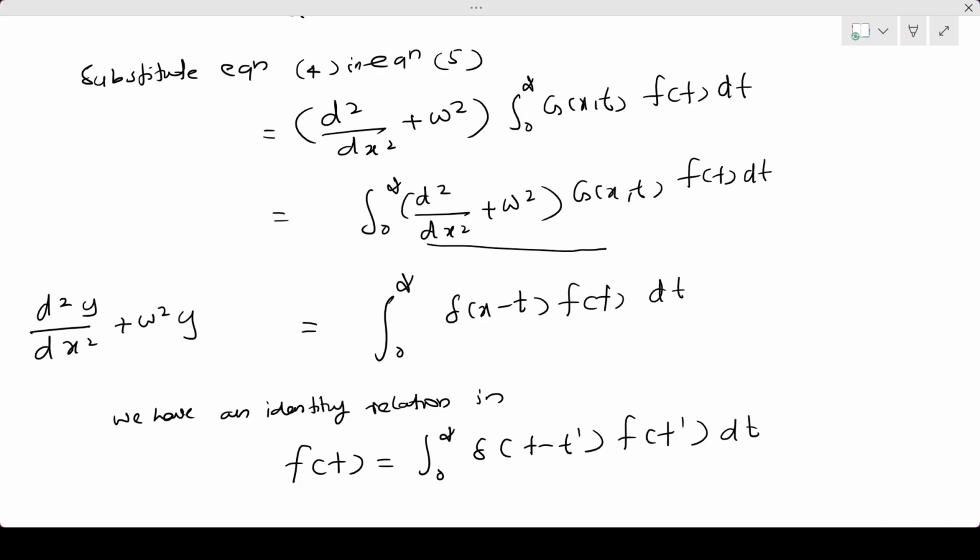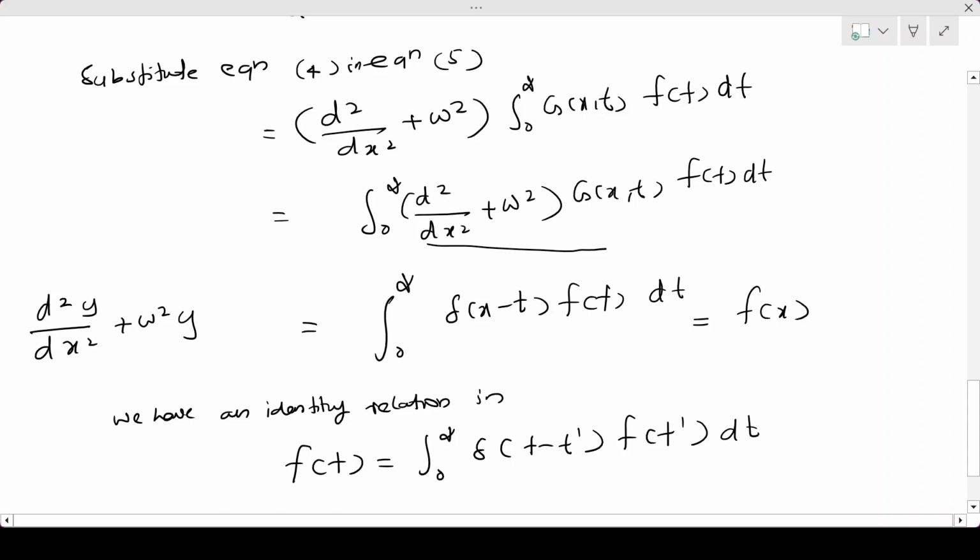So the Dirac delta function has an identity relation, that is f of t is equal to the integral from 0 to infinity of delta t minus t dash f of t dash dt, and that will be the solution. What this will be is f of x. Okay, by using this, here you can see that instead of t dash we have t, instead of t we have x.